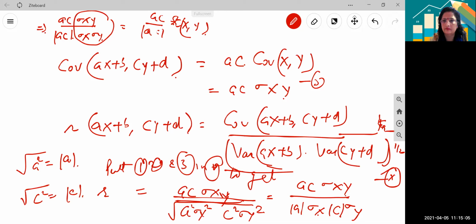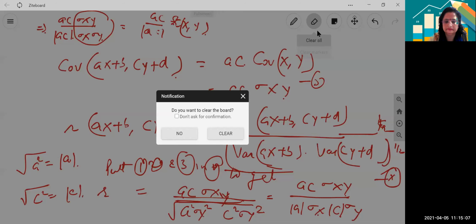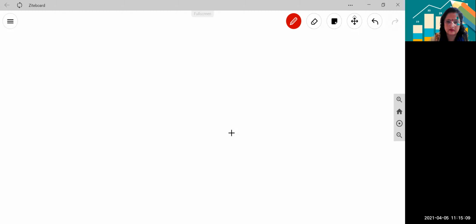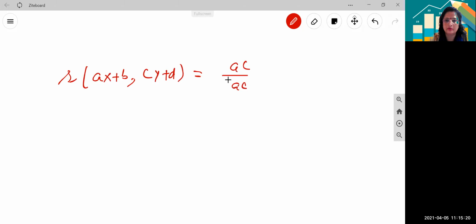So therefore, combining, it implies R, the correlation coefficient between AX+B and CY+D, is equal to AC upon mod of AC. So this we want to prove.